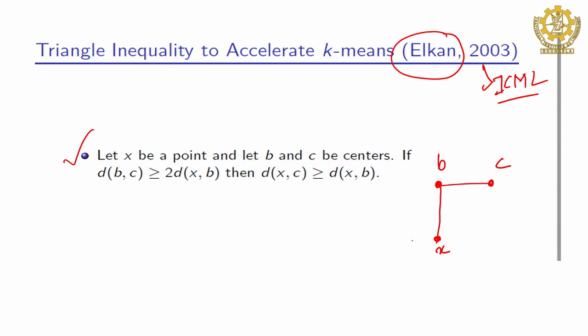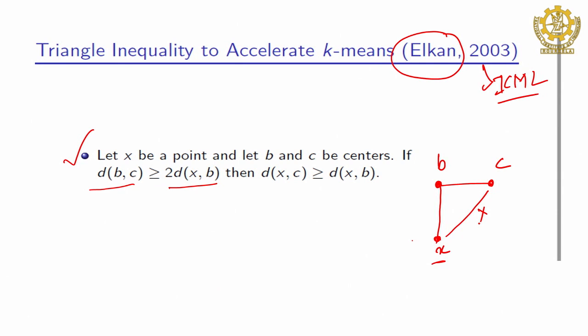What we conclude is that if the distance from B to C is greater than twice the distance from x to B, then this x cannot be assigned to C, because the distance x to B is much closer than the distance from x to C. I repeat this. There are 2 centroids B and C, we know the distance from centroid to centroid, and we computed the distance from x to B. Now, the challenge is, can we avoid this distance computation?